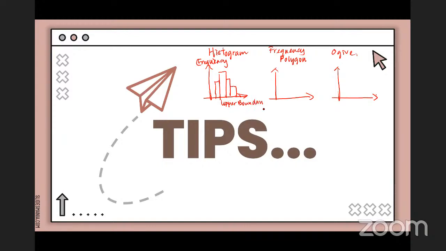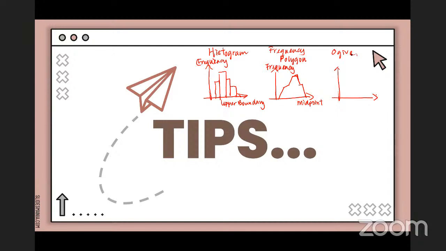For the frequency polygon, the y-axis we also write as frequency, and the x-axis we will use the midpoint. The frequency polygon will look something like that. You should remember that it will always begin with 0 and end with 0, so you should add the 0 frequency class before and after.